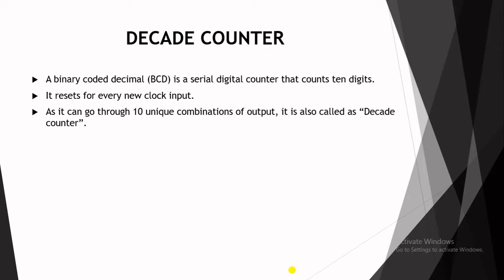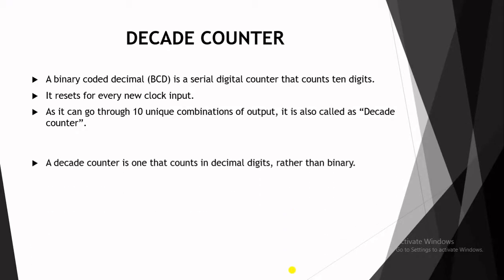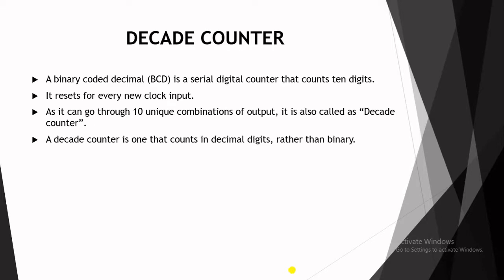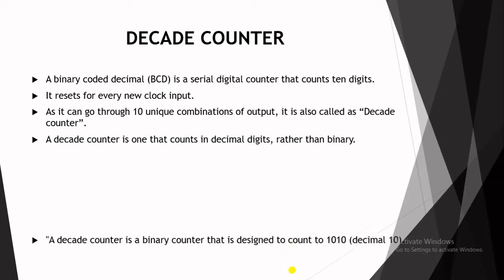Understood? This is the definition of decade counter. It is also called the BCD counter because it counts from 0000 to 1001. So it counts 10 unique combinations of output from 0 to 9, so it is called decade counter. A decade counter is one that counts in decimal digits rather than binary.